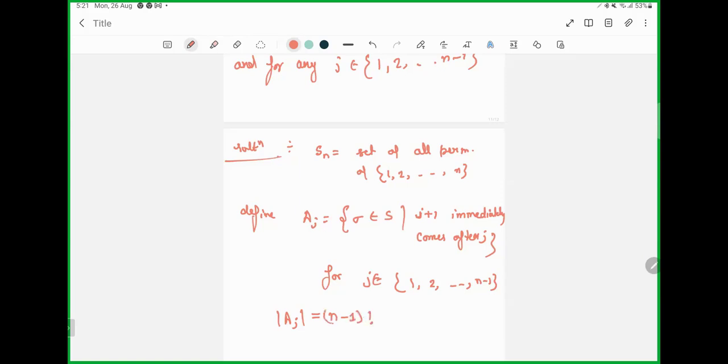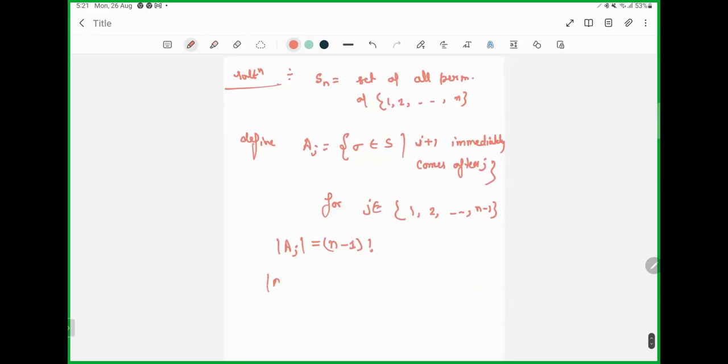What is the cardinality of AJ intersection AK? In AJ you are fixing one J, and in AK you are fixing another K, and K plus 1 should be adjacent. So you have two restrictions, so this is (n minus 2) factorial. Similarly AJ intersection AK intersection AF is (n minus 3) factorial.